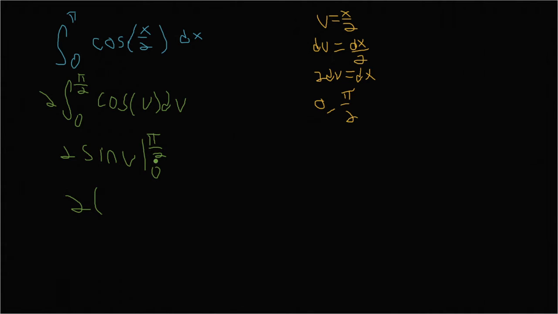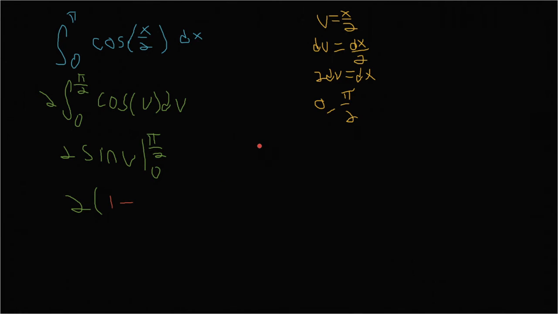That is 1, because it is on our little unit circle, right? We have our unit circle, and that is the y-coordinate. And so when this is pi by 2, the y-coordinate here is 1. So this is 1. 2 times 1 minus sine 0.